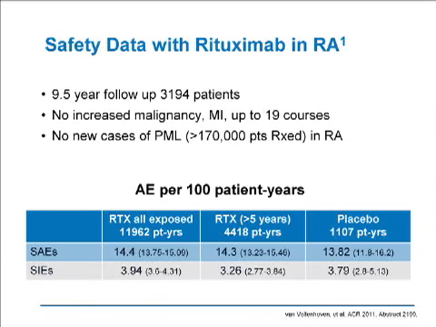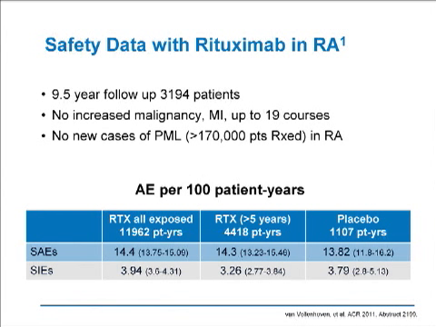In terms of the safety data with rituximab, the long-term all-exposed population now is at nearly 12,000 patient years. And I want to direct your attention to the patients that are also on greater than 5 years of therapy. This is compared to the cohort of placebo patients that were placed on rituximab in the early 6 to 12-month trials. The serious infection rates, the SIEs, are shown at the bottom, and they are essentially unchanged.